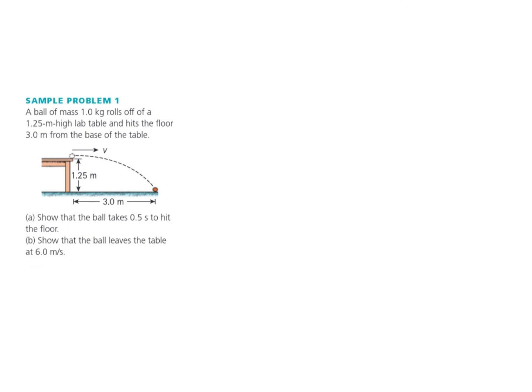Because we want to find how long it takes to fall. We know the distance. Do you remember that formula? If not, it's d equals 1/2 g t squared. Hopefully that's familiar for you now.